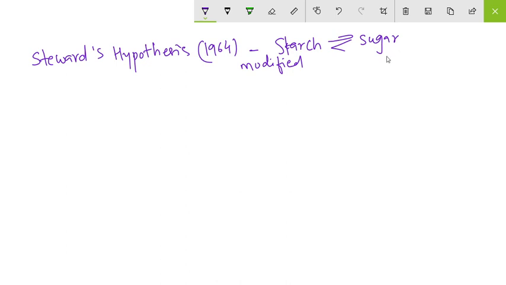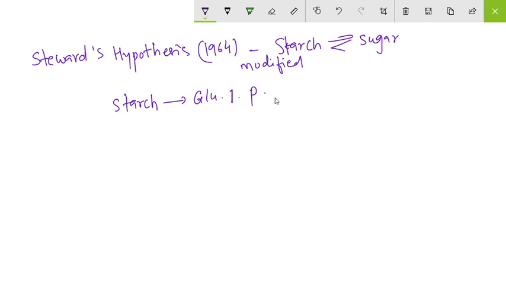According to him, the starch is first converted into glucose 1 phosphate, not directly into glucose.